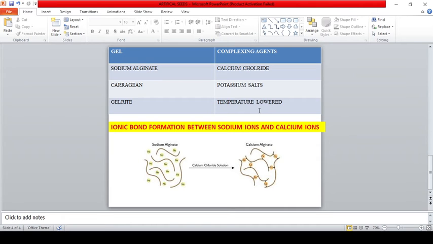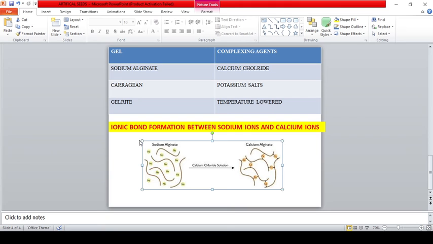So here you have to prepare sodium alginate and calcium chloride. When you mix them together, there is an ionic bond formation between the sodium ion and the calcium ion. The hardness of the artificial seeds is based on the amount of ions that are exchanged between the sodium and calcium.